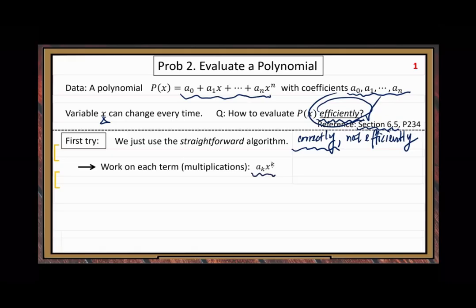We use a general term as a representative case study. We want to count the number of multiplications we need to calculate this one term in the polynomial.